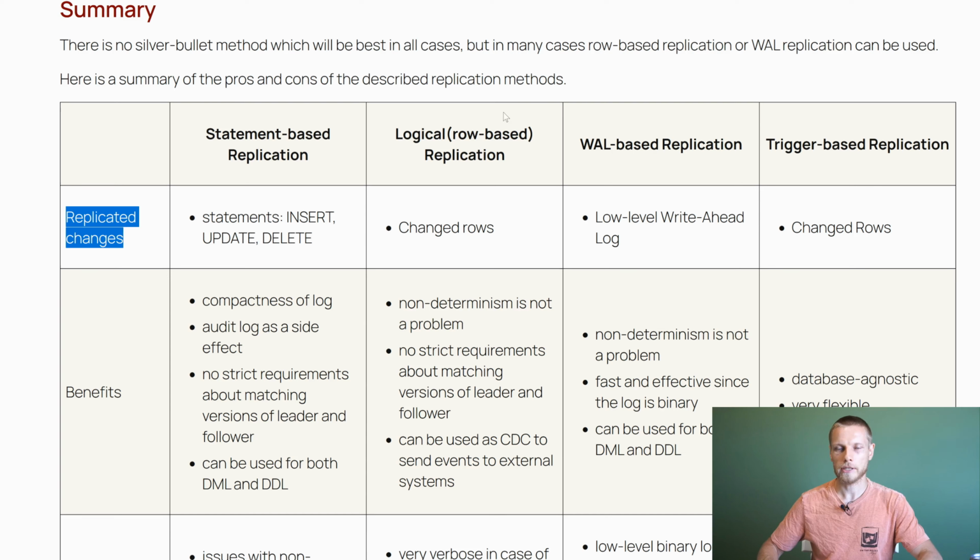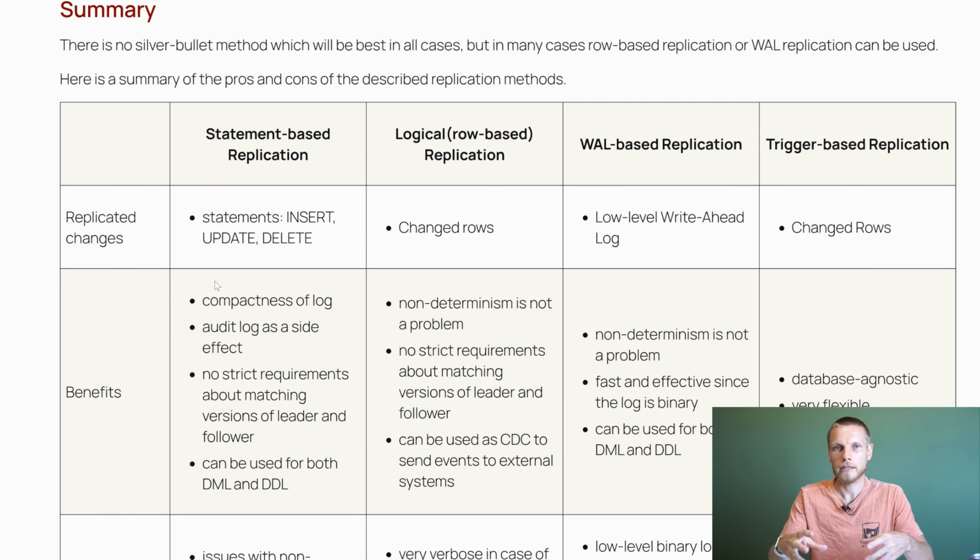In row-based replication, we just send changed rows, not statements. With write-ahead log replication, the low-level write-ahead log records are sent over the network. And in trigger-based replication, we again send changed rows, basically, but we can transform them in any way we want.